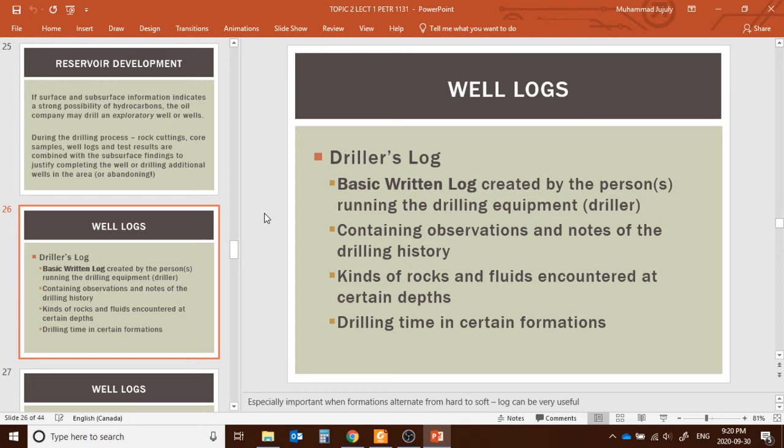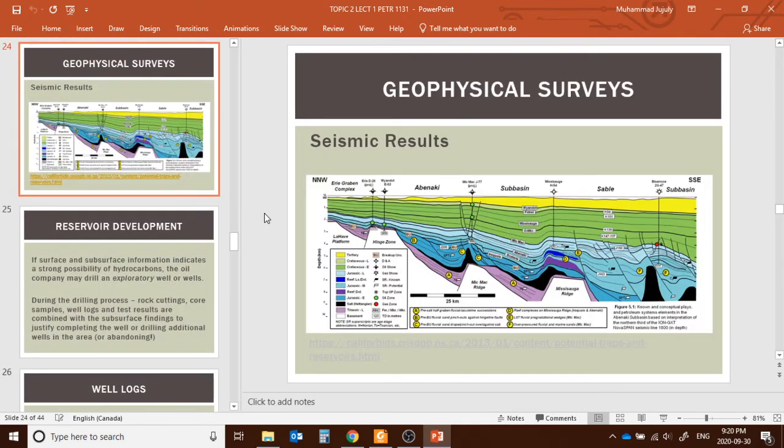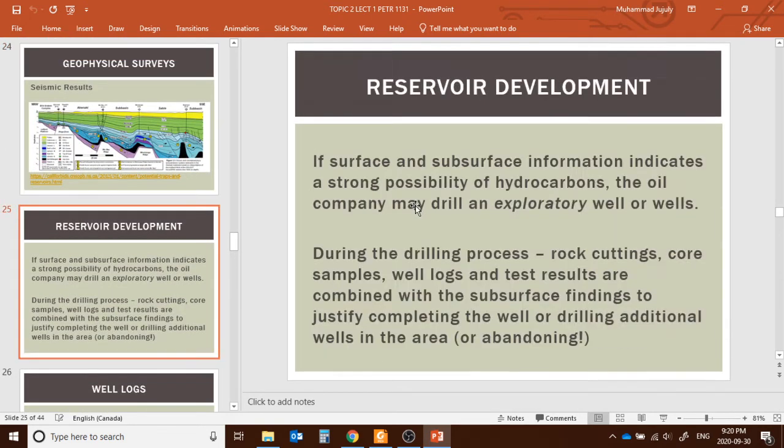So when you start drilling for exploration, once we get the surface data, we start drilling the exploratory well. During the drilling process we collect the rock cuttings, core samples, and the most important part, the well logs. So what are the types of well logs we have?